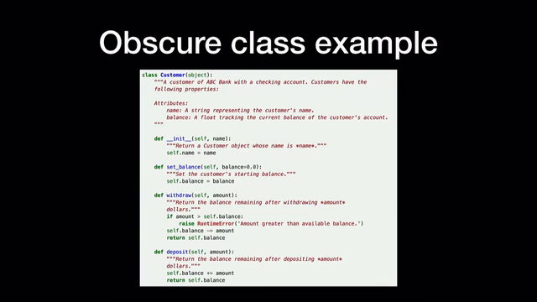For example, let's say we instantiated this version of the class. We would have defined our name attribute, because in order to instantiate this class, we have to call the name of the class, Customer, and provide the name argument, which is in init. But we won't have our balance attribute initialized yet until we call the setBalance function. And we have no way of forcing the user to do that.